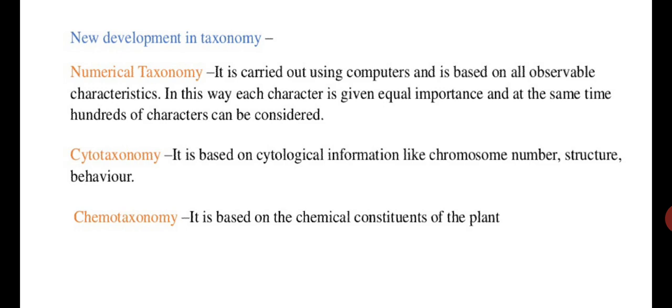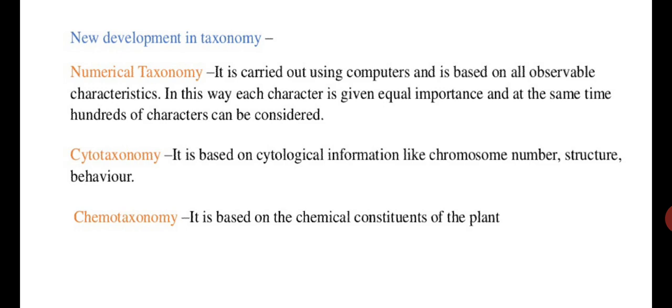So what we have studied before this were the methods of classification, that was artificial and the phylogenetic system of classification. Now what we are studying is a new branch in taxonomy, which helps us to study in detail, or to group or relate any particular plant.